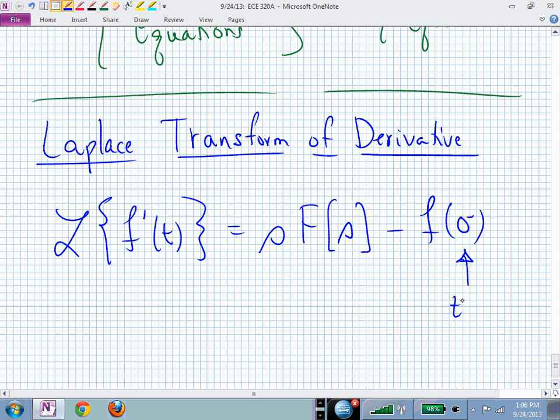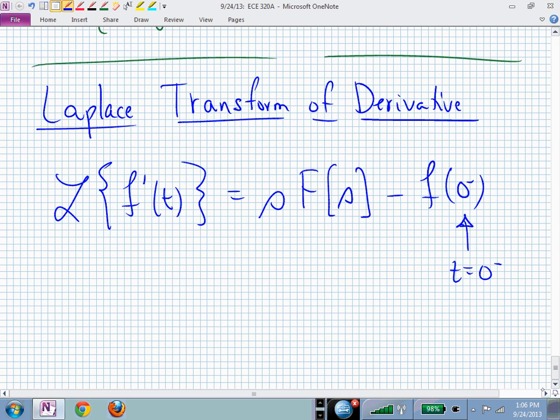This is time t equals 0 minus. If that waveform had a non-zero value at time 0 minus, then we have to subtract that off from our F of s expression, or include that as a minus that number.